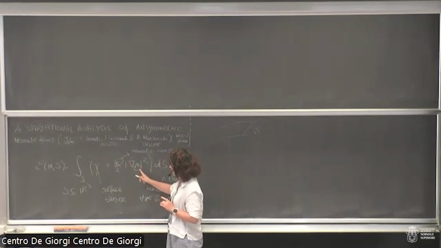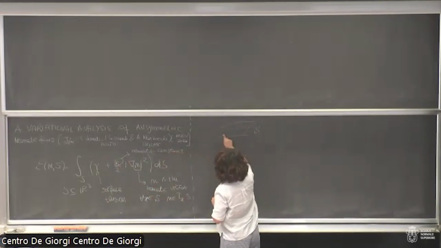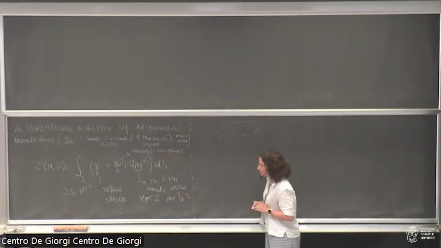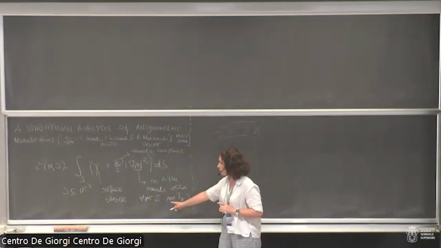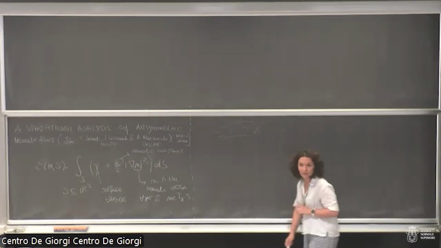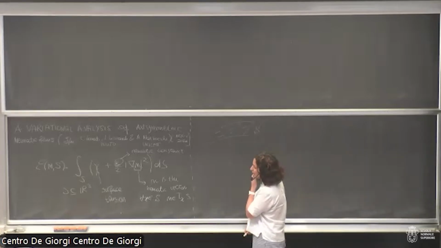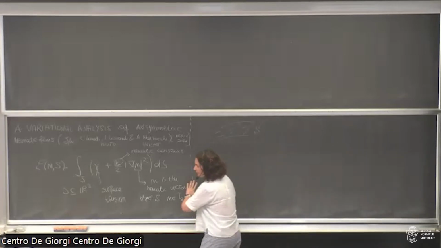So we are penalizing the gradient of n, where n is a nematic vector constrained to lie on the tangent space of the surface at each point. Okay, so this is the energy functional.